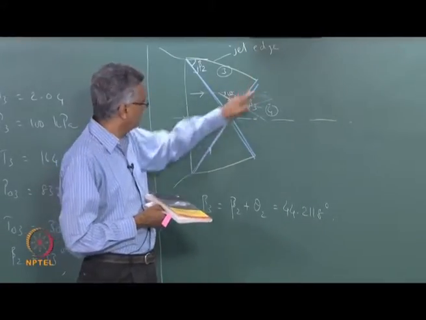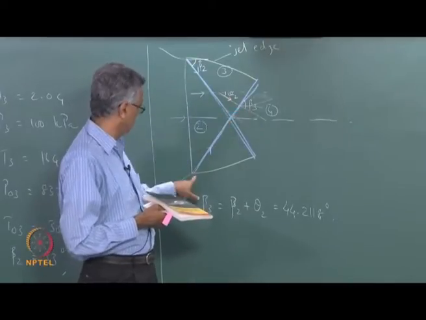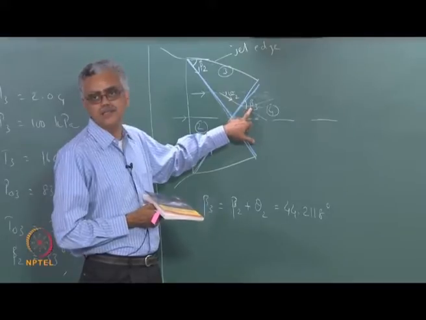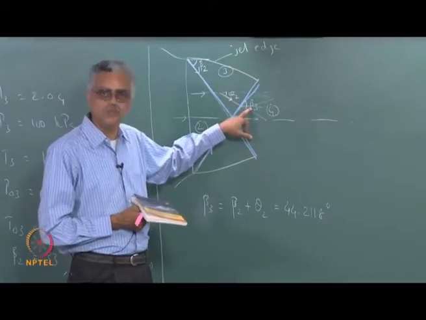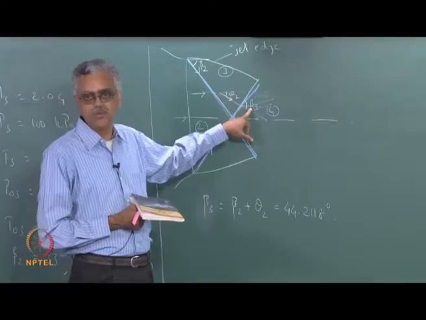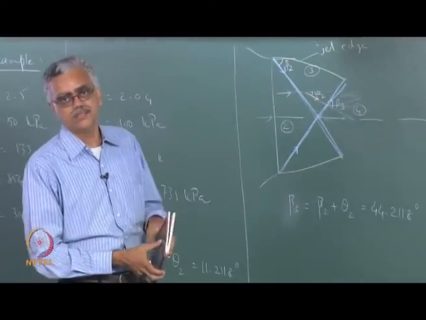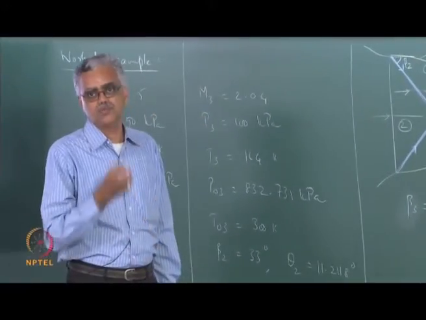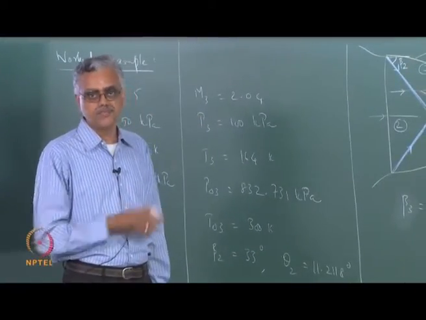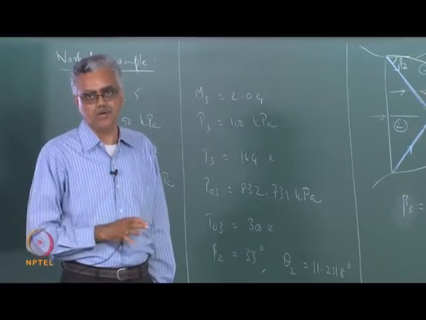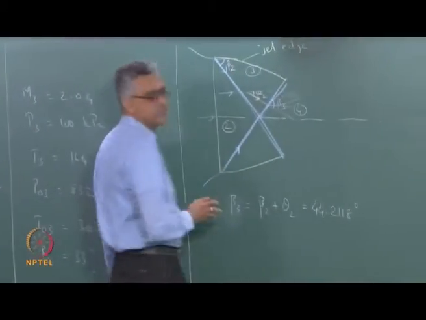So that means I know beta 2, this angle with respect to the horizontal is known. So I can calculate beta 3 in a much more general way than assuming theta 3 to be horizontal. But theta 3 will not be horizontal, some other process has to take place. Within the framework that we are talking about, this is a much better way of dealing with this problem.